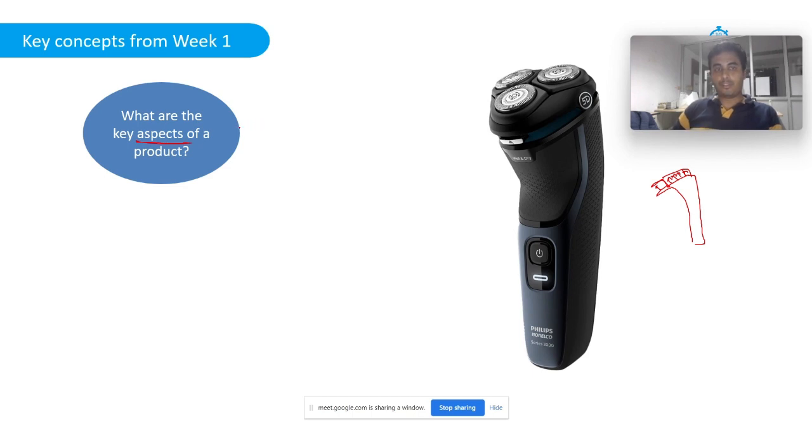Okay, a product can be classified into different aspects. However, from an engineering or creative design perspective, there are two primary aspects of a product.